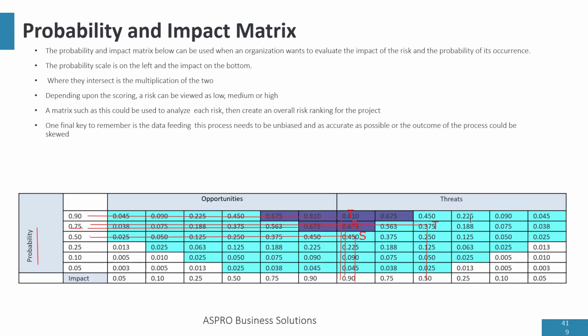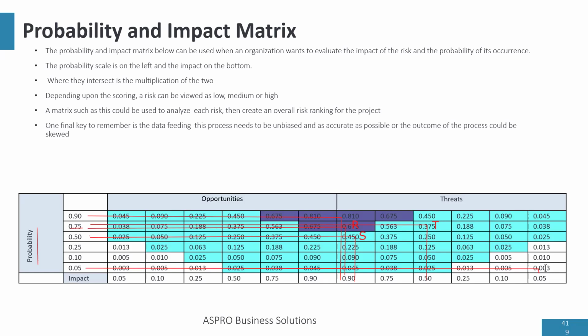Earthquake is 0.05 probability and 0.05 impact. So earthquake is here.